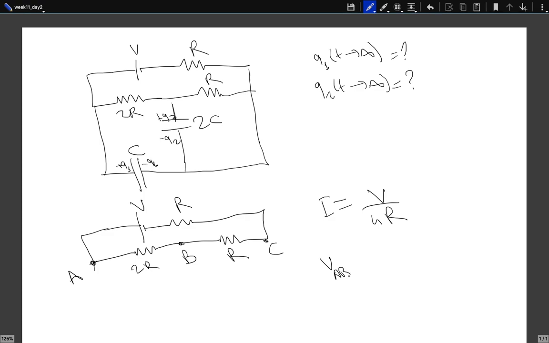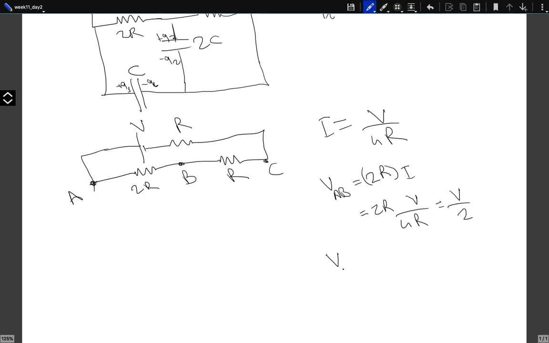What is the potential difference between the points A and B? Well, the potential difference is just the resistance, which is 2R, times the current, 2R times V over 4R, or V over 2.